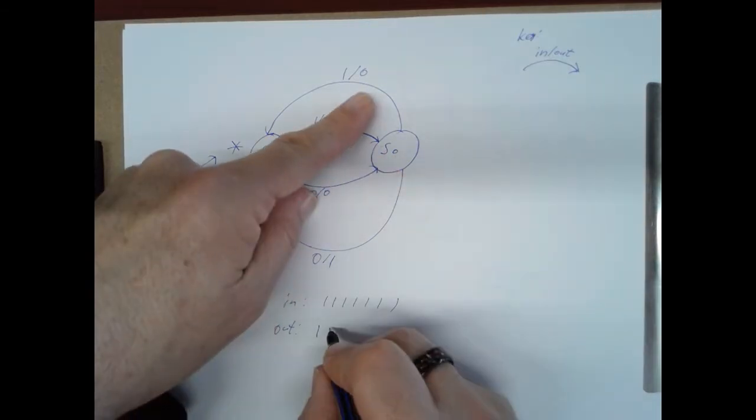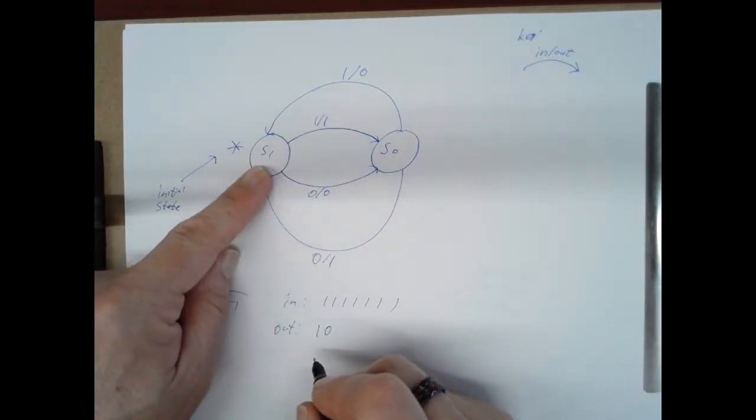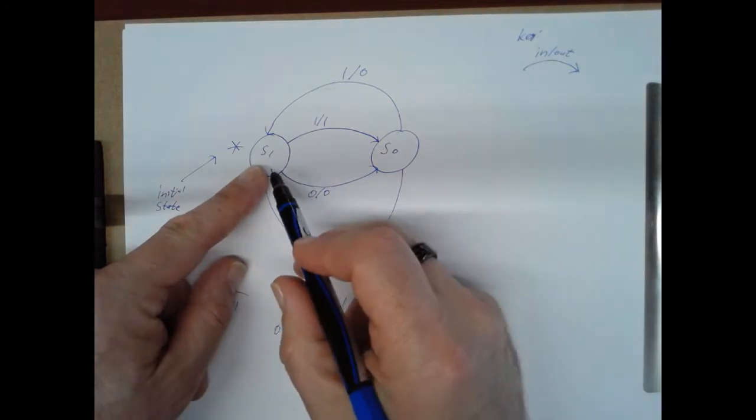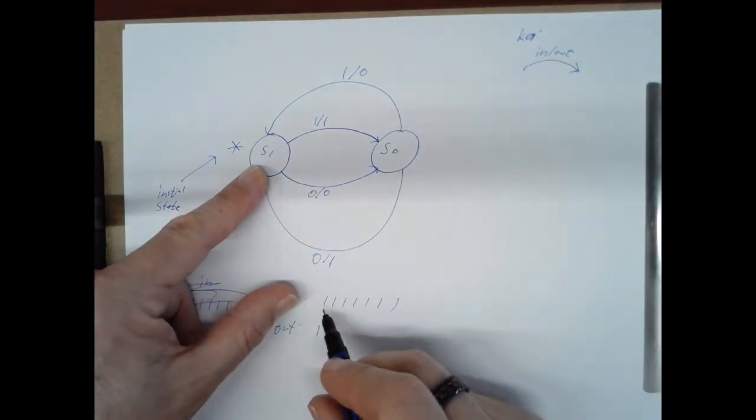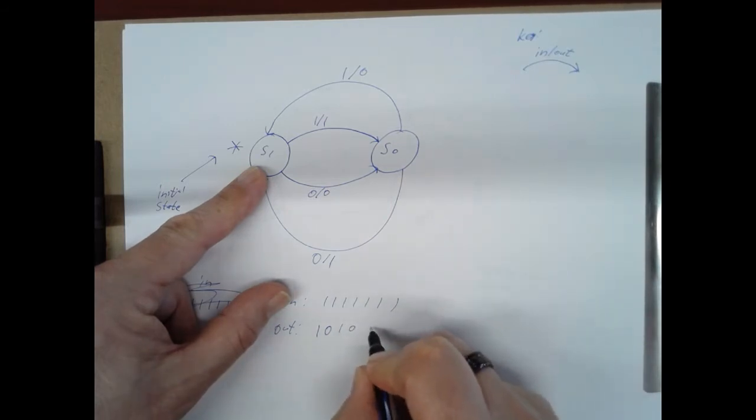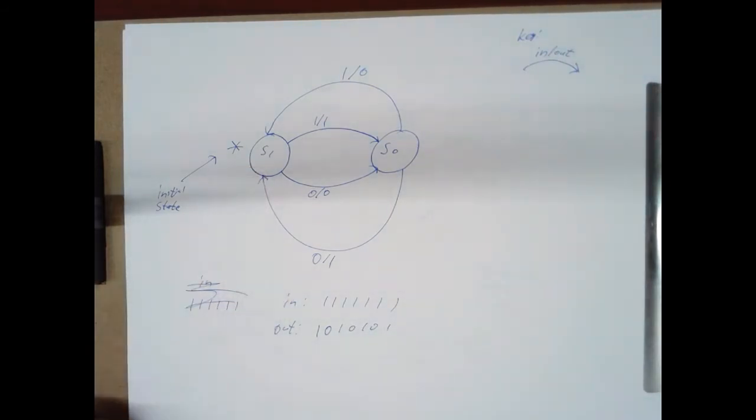It's going to output a 0, go back to S1. And the only thing that affects the behavior of this is what our current state is and what the input is. So once we know what happens when we're in state S1 and this input, we can just keep repeating this, right? So it's going to keep outputting 1, 0, 1, 0, 1, 0.